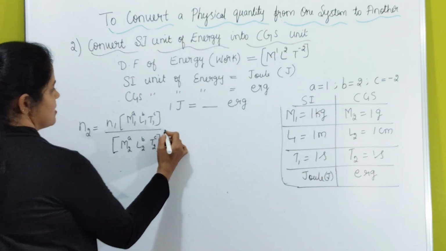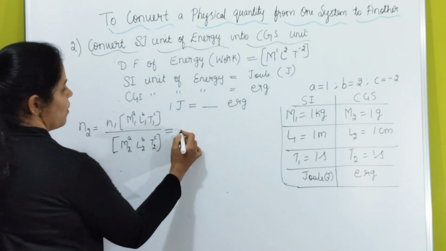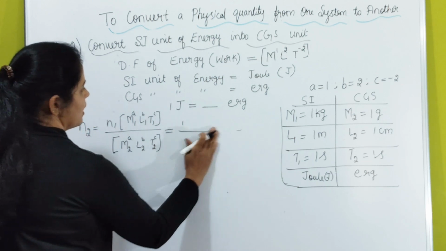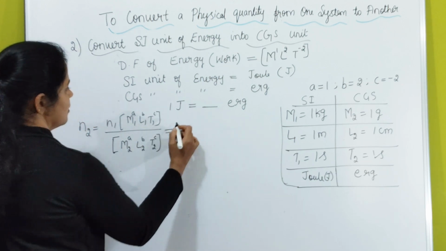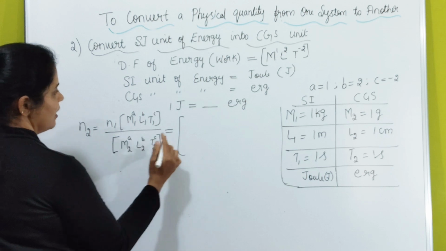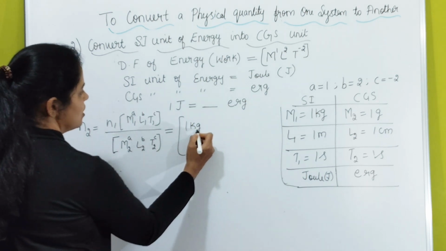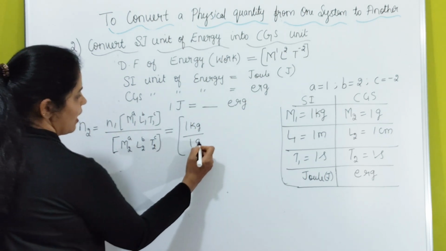Now let us apply that here. N1 is 1. I'll write this together. M1 is 1 kg. M2 is 1 gram.